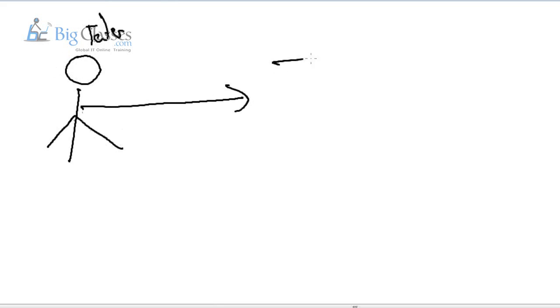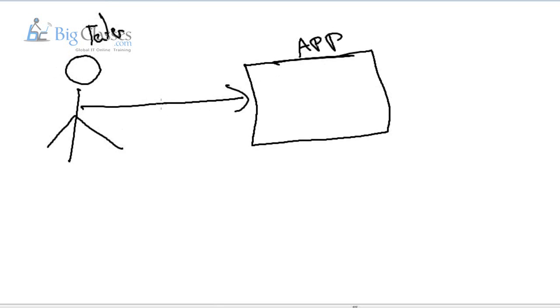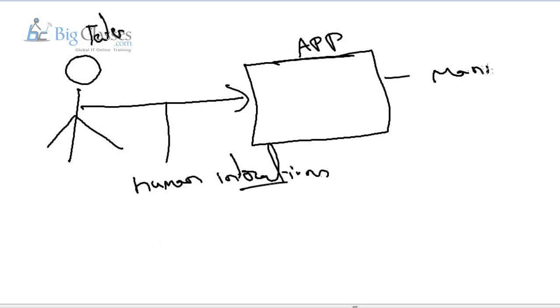First, the testing engineer is a tester. When a testing engineer conducts testing on an application only by human interactions, it's called manual testing. Next, automation testing.